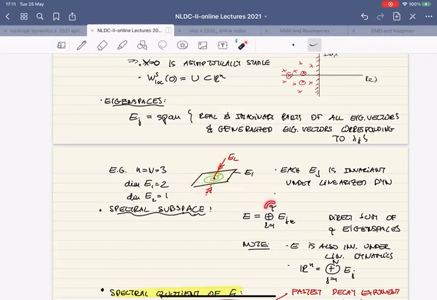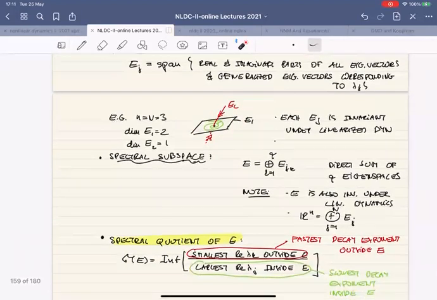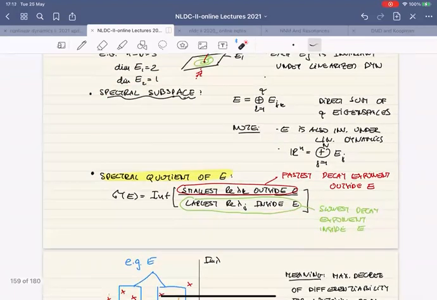In both cases, q, the index that measures how many of these I have, runs up to q. But in one case, j_1 would refer to this, and in the other case, j_1 would refer to this. And I can have the combination of the two as well, okay? So this is also invariant under the linearized dynamics, any combination, and this is a spectral subspace.